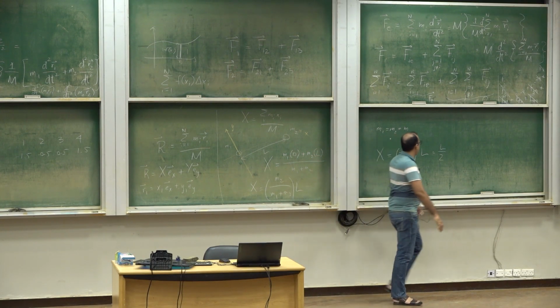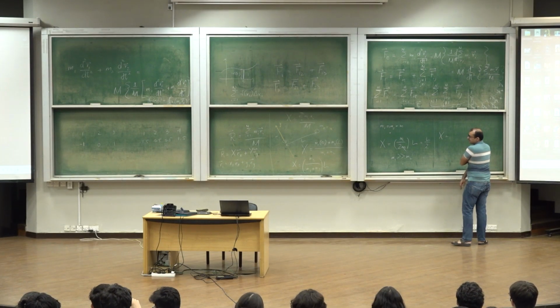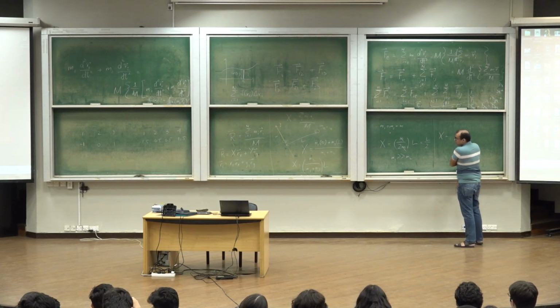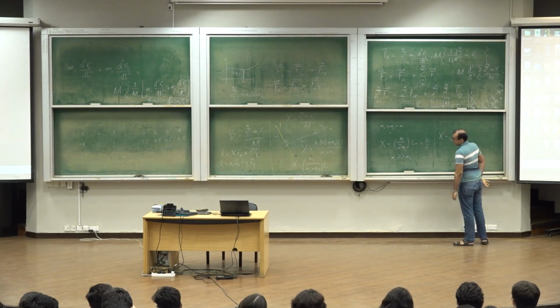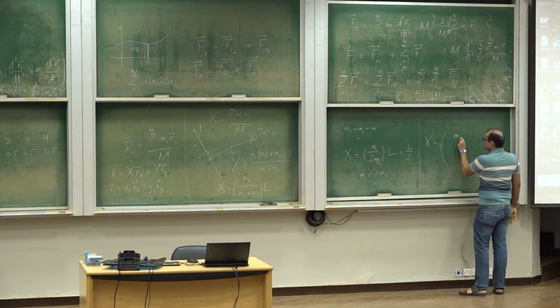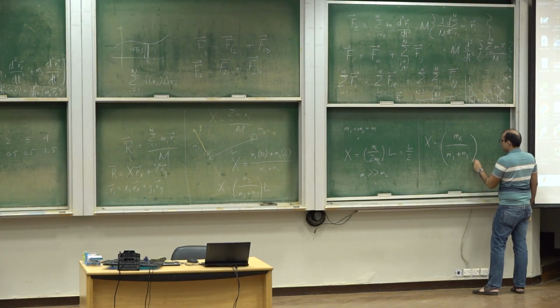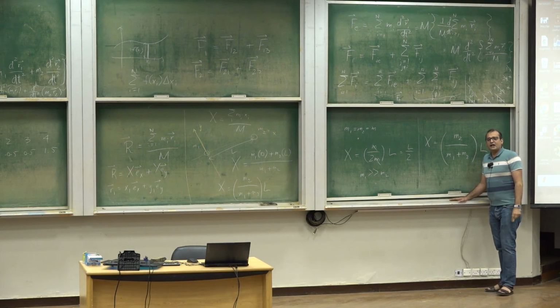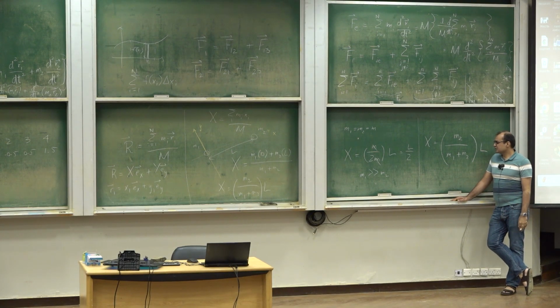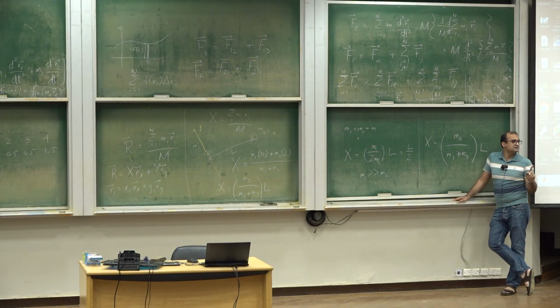So let's see whether this comes out. Then capital X equals... m1 is much bigger than m2, and therefore m2 is very small. Now there are two ways to do this. One way is that you say, sir, m2 is very small, so I'll just ignore it, and m2 over m1 will give a very small number.